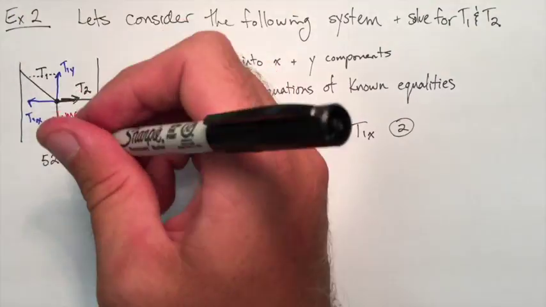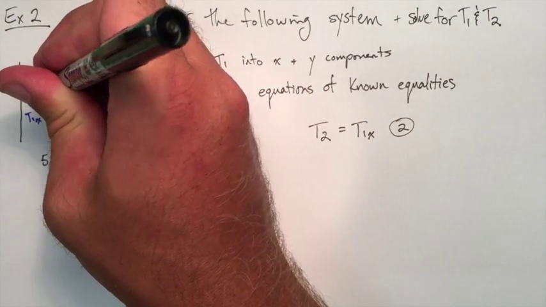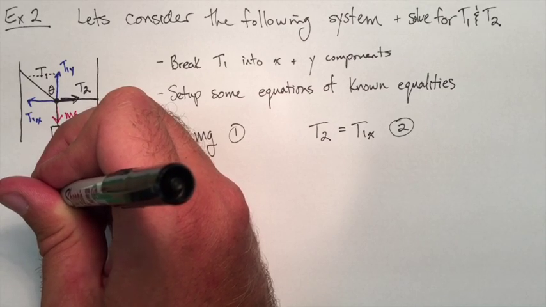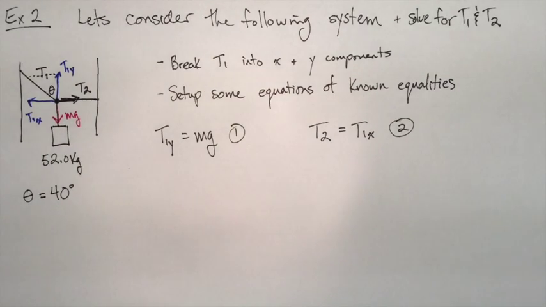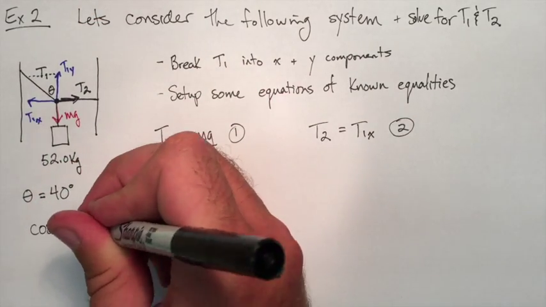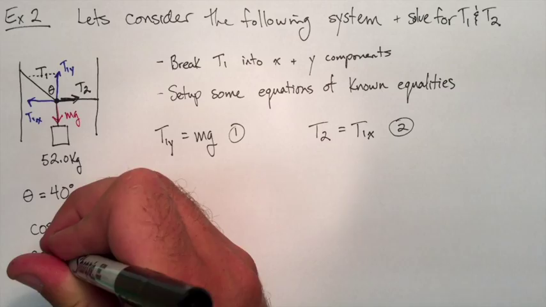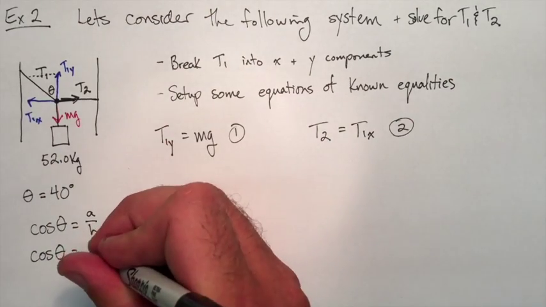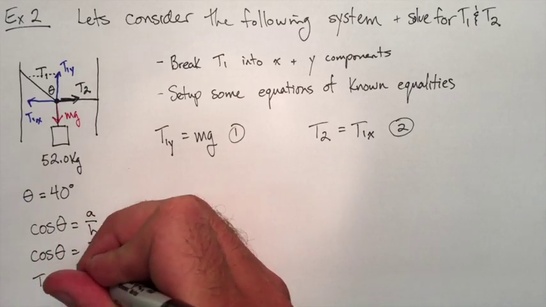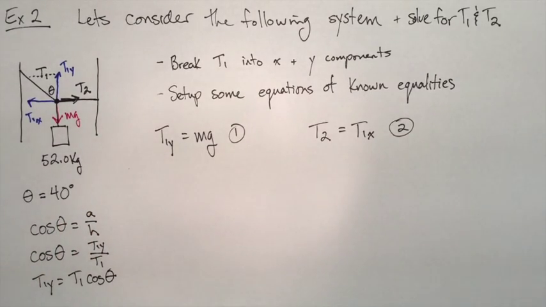Now, additionally, we can relate T1y with T1 if we know the angle theta, which would be 40 degrees. Here, T1y and T1 are related through cos. So cos theta is going to be equal to T1y over T1, which means T1y equals T1 cos theta.